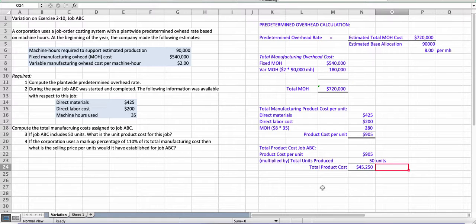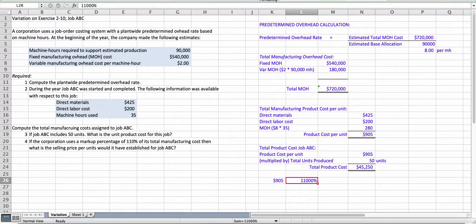Now, in order to show a markup, if the corporation uses a markup percentage of 110, then what is the selling price per unit? So here we go back to the product cost per unit, 905. And it says here 110%. So I'm going to type that in. I'm going to cheat a little bit.